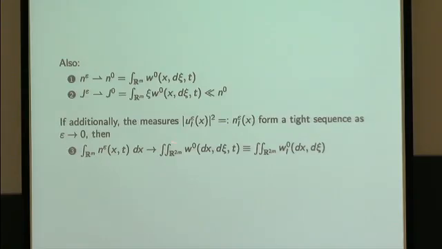Now, if additionally the initial position densities form a tight sequence as epsilon tends to 0, then you can exchange also a limit process with a double integration over all phase space.